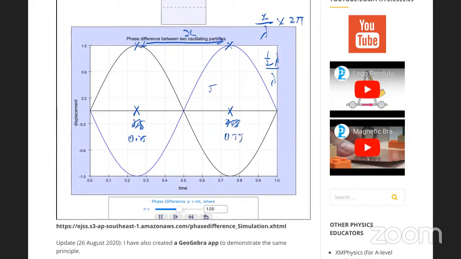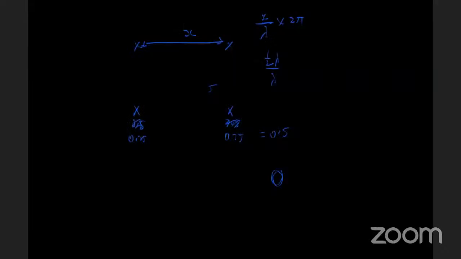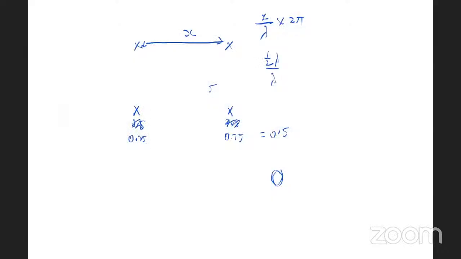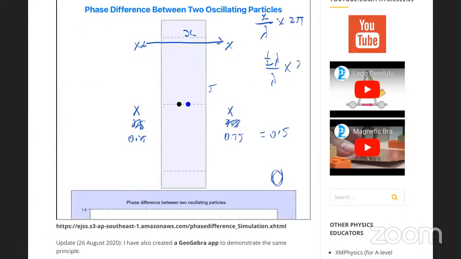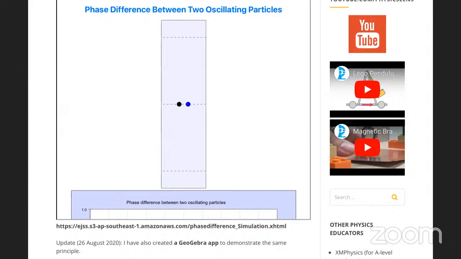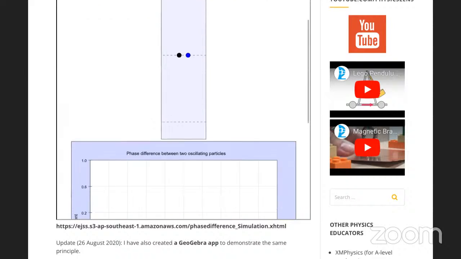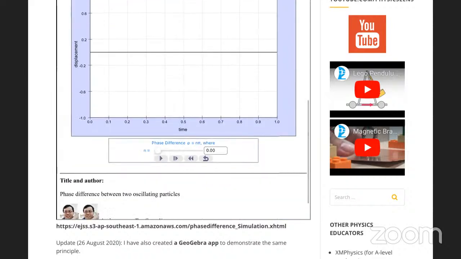When you subtract them, you'll get 0.5, which is half of the whole thing. I just want to convince you that it's half a wave. So it's half a wave multiplied by 2 pi. That will cancel, so you'll get pi. So those waves there are said to be out of phase.